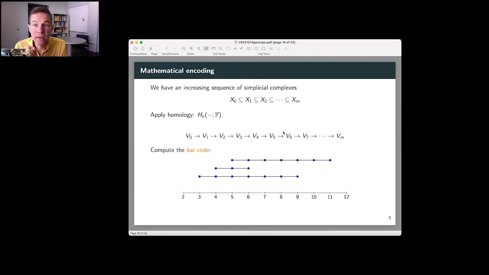All right, so we have a family of vector spaces and linear maps between them. And in the computational setting, all of the vector spaces are finite dimensional, and all of the linear maps are represented by matrices.